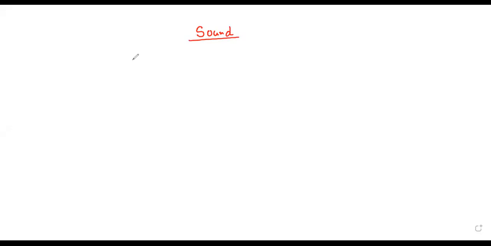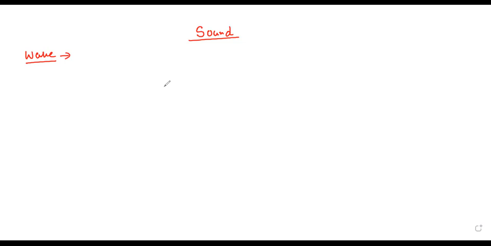So first of all, we must understand what is sound. Before that, you must have knowledge about the term called wave. So what is a wave actually? If you remember, when we throw a stone in still water, the stone will disturb the particles of the water, right? And the particles of the water will start vibrating. They will disturb the neighboring particles.